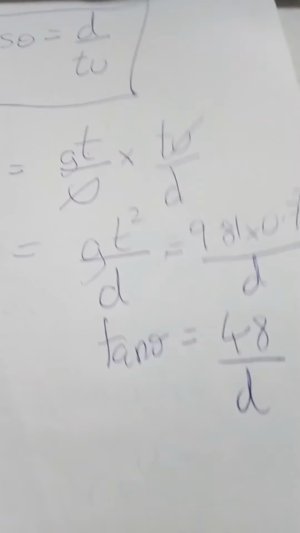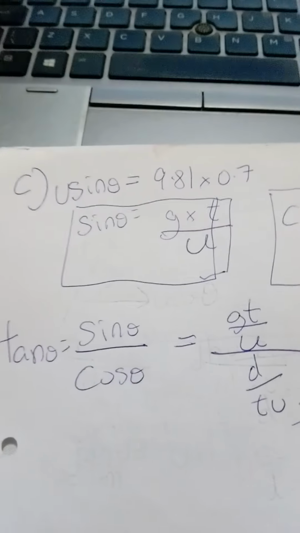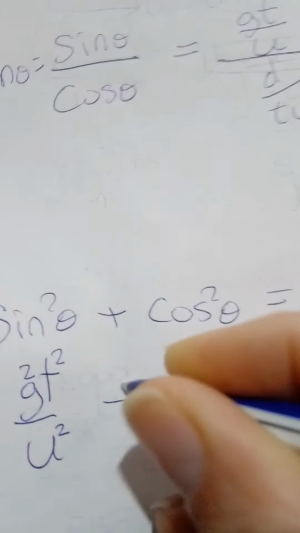And finally, to get the second equation, I'm going to use a mathematical equation, which is sine squared theta plus cos squared theta equals 1. Instead of sine squared theta, I'm going to use gt over u all squared. So it will be g squared t squared on u squared.